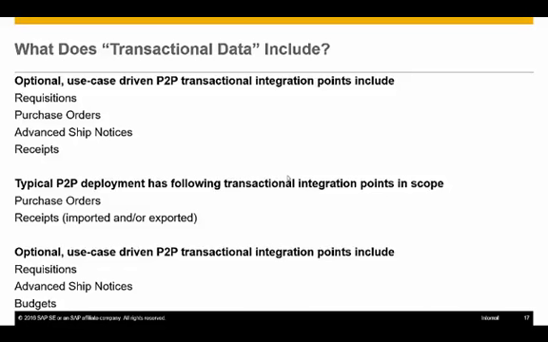You can import requisitions into Ariba, you can integrate advance ship notices, and you can also load budgets into Ariba. We'll talk more as we learn about the scope of what you're trying to achieve using P2P. During the course of deployment, the functional lead and the technical lead will work closely with you to understand these additional transactional integration requirements and help you with the integration of those.